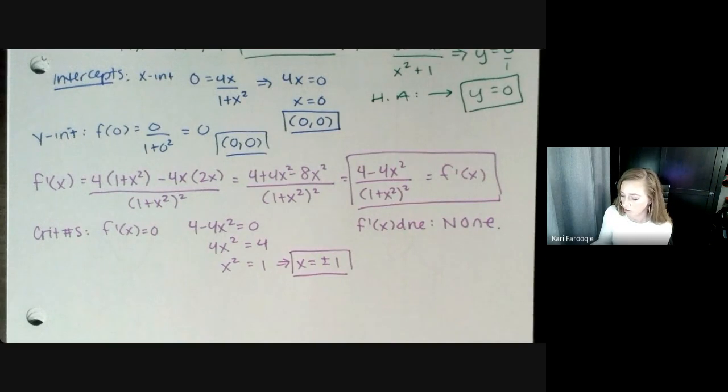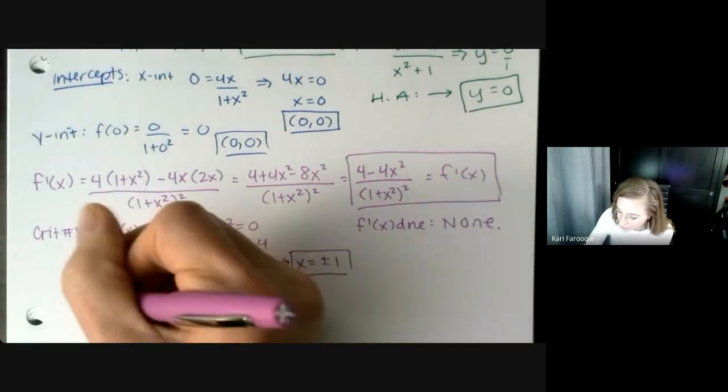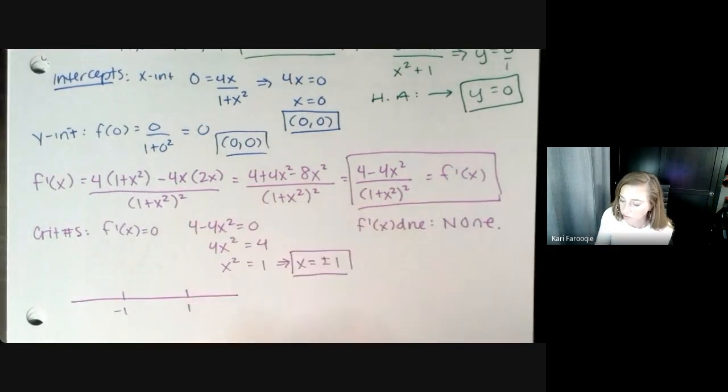In order to determine that, let's go ahead and set up a sign analysis at -1 and +1. We don't have any vertical asymptotes that we need to put into the sign analysis, so we just need to worry about these two values.